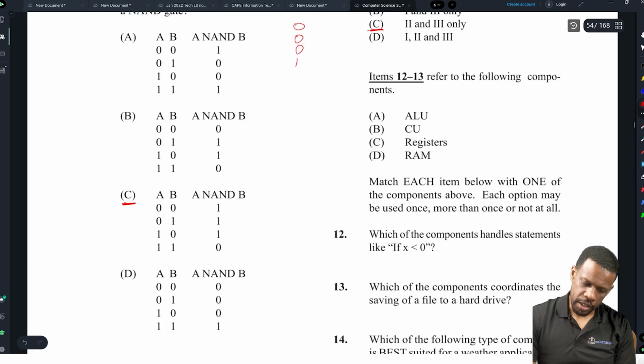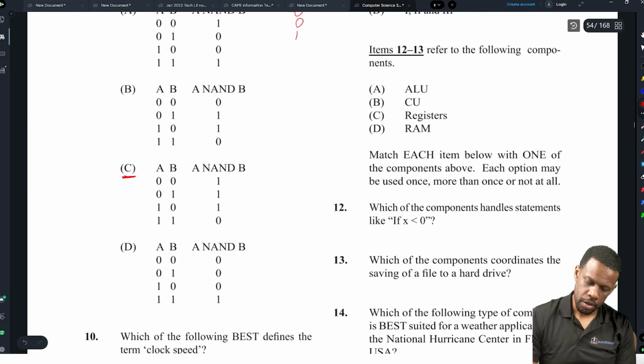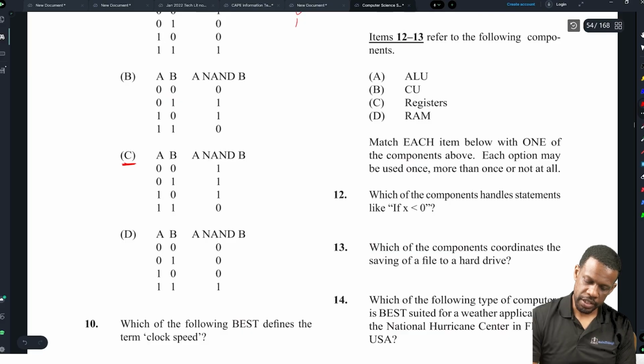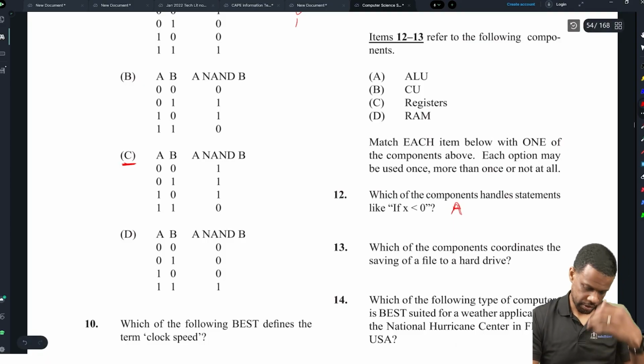All right, refer to the following components: ALU, CU, registers, and RAM. Match each item below with one of the components above. Each option may be used once. Which of the following components handles the statement if x is less than 0? That will be the ALU, because that's logical and mathematical calculations.